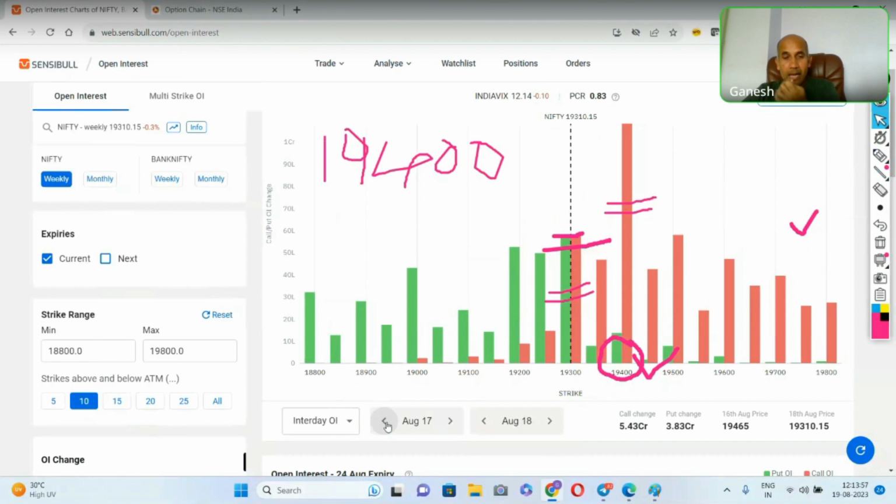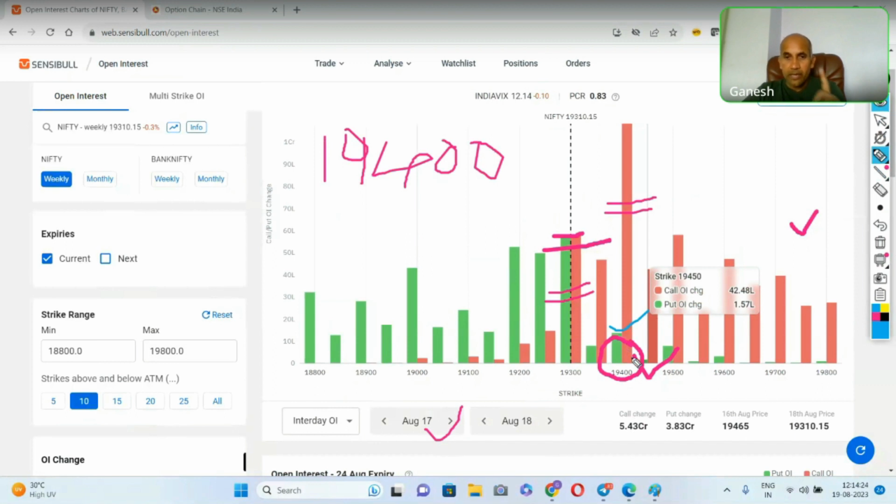See, on 17th, 19,400 still they're holding, thinking that market would not break. Participants expected that market would hold 19,400. Hence, they are holding 19,400.